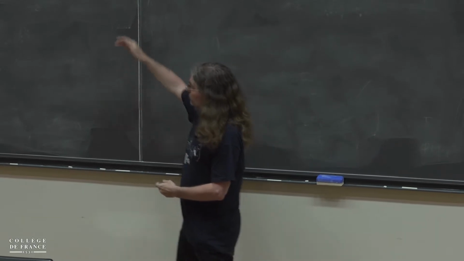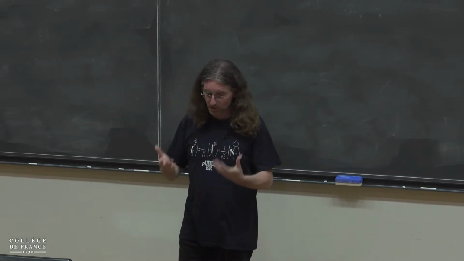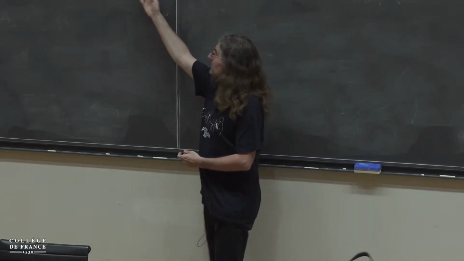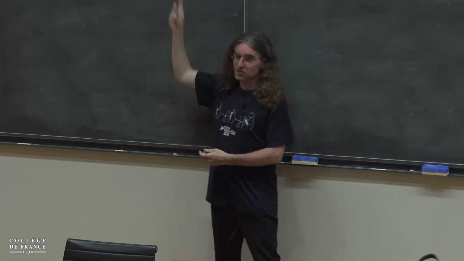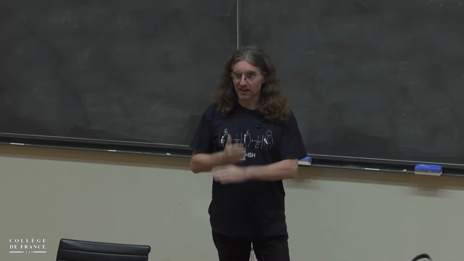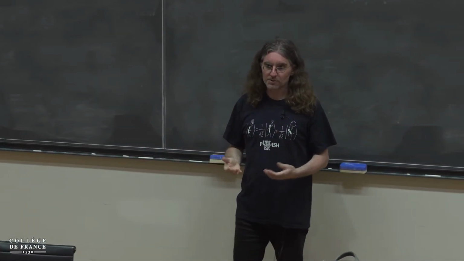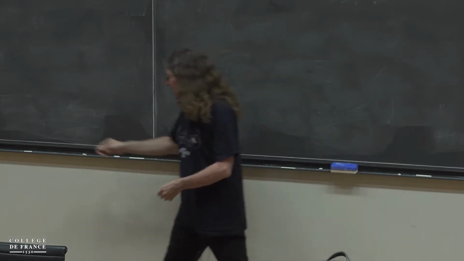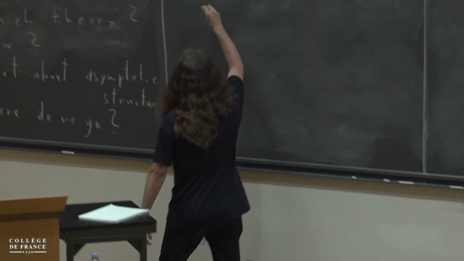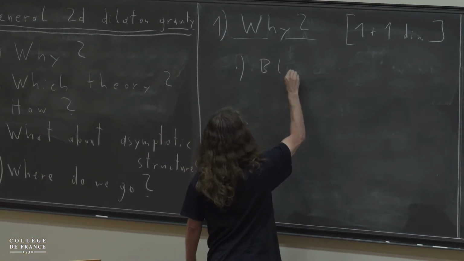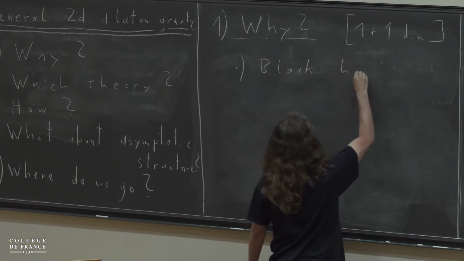Well, the answer is that we want to keep some structures that make it worthwhile to study such theories. In particular, we want to have one time and one space dimension, simply because that means we have light cones, and if we have light cones, we can have black holes, and black holes are our main object of interest here. So one of the reasons why we do not consider lower dimensions than 1 + 1 is our interest in black holes.